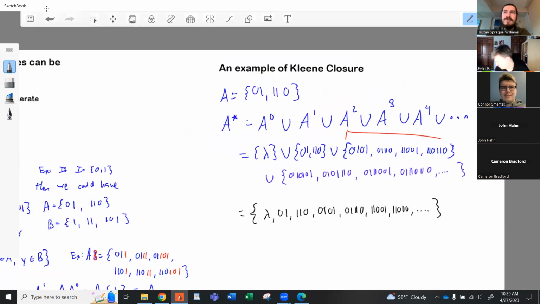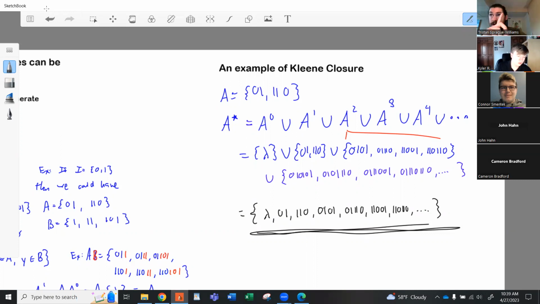Now, since A only contained these chunks, these strings 01 and 110, there are things that aren't in its Kleene closure. For example, 1 by itself isn't in the Kleene closure of A, because you can't construct the string 1 by taking things in A concatenated with other things in A, right?